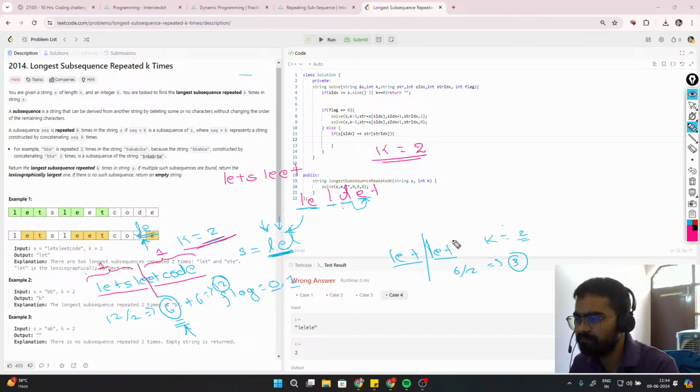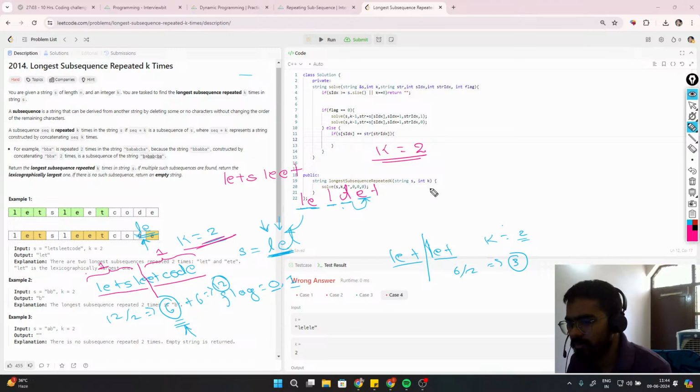But if I take this as an example, LEMNOP 1 2 3 4 5 6, T and LET.